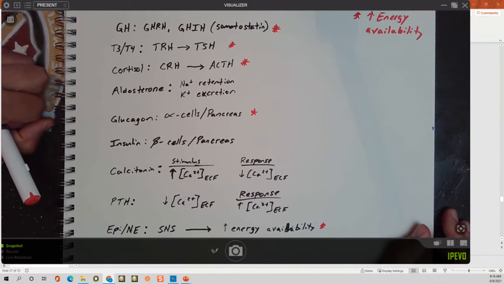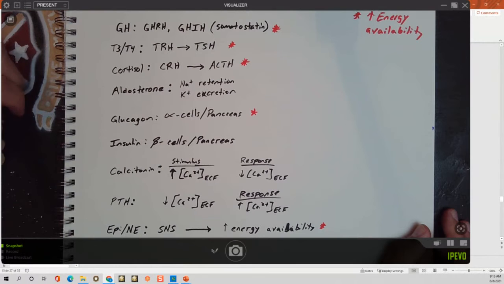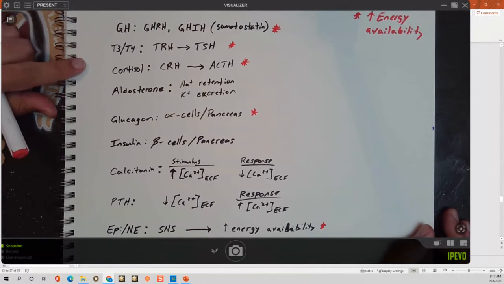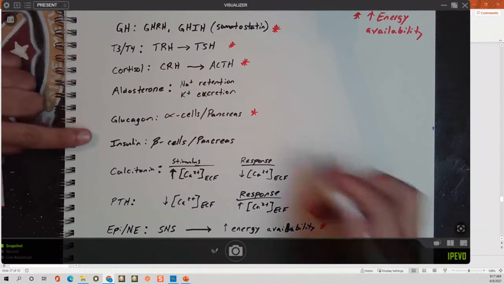Who am I? I'm going to go ahead and wait until more people answer. Yeah. By process of elimination, that's insulin.